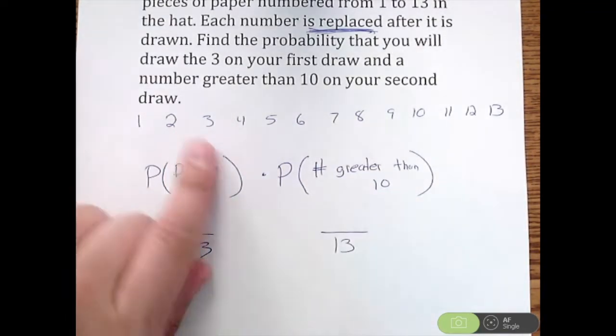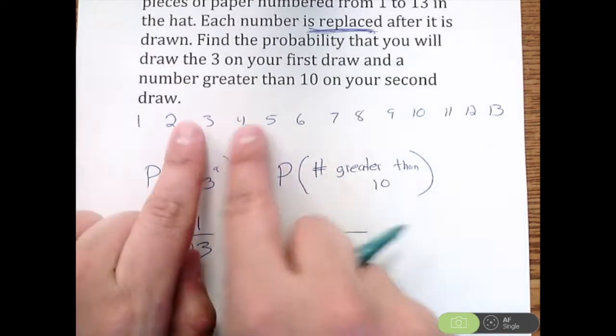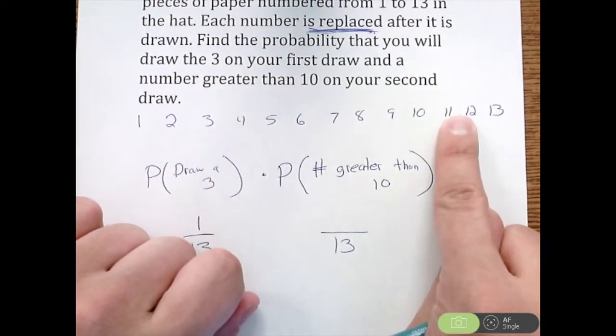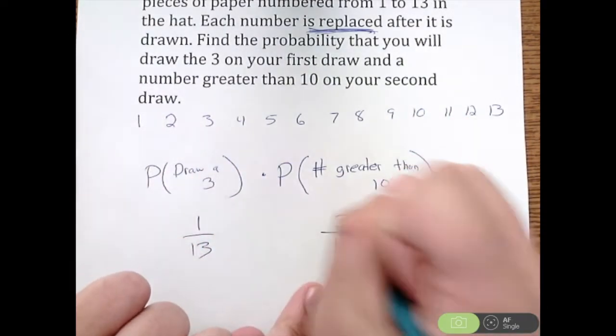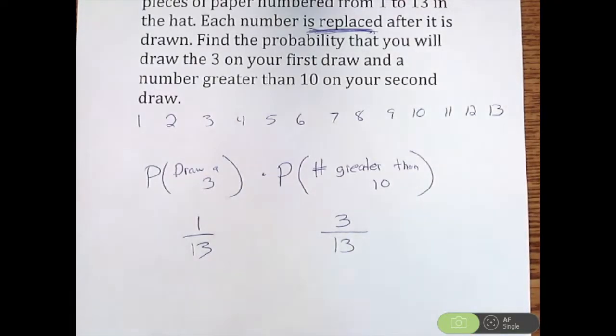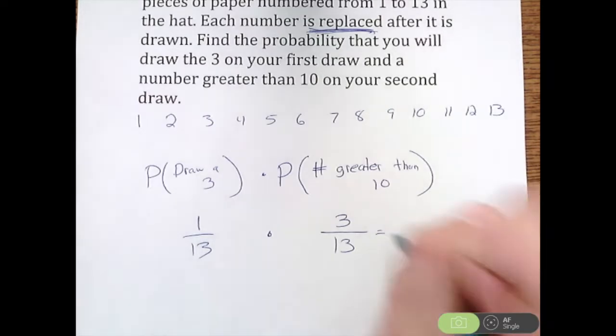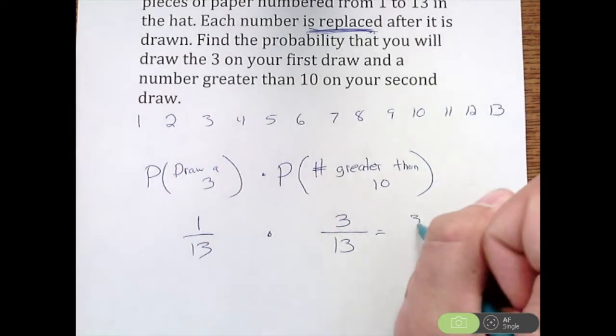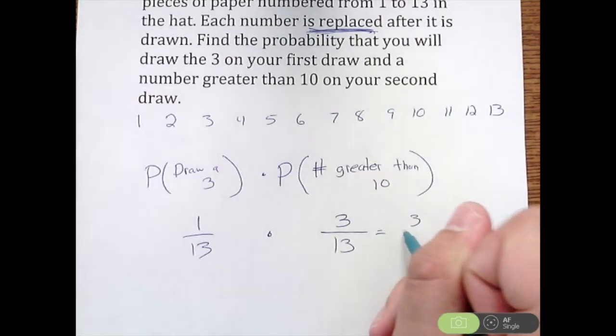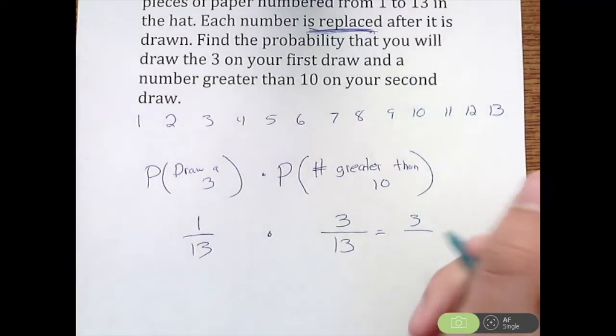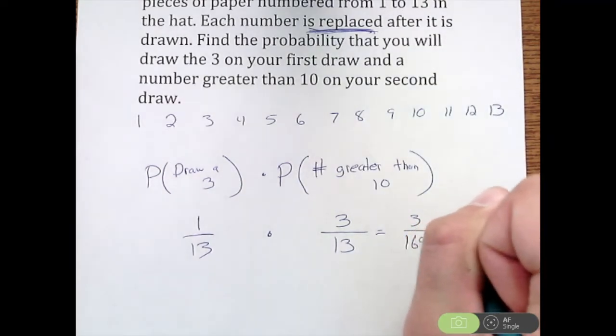So let's count up how many different ways do I end up with a number greater than 10. Well, that happens if you have 11, 12, or 13. So 3 out of 13 chance. Now what we need to do is multiply those two together. If you multiply the fractions together, multiply the top, you get 3 times 1, which is 3. Multiply the bottom, 13 times 13 is 169.